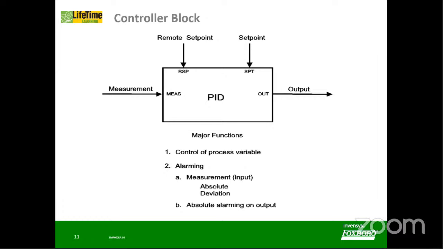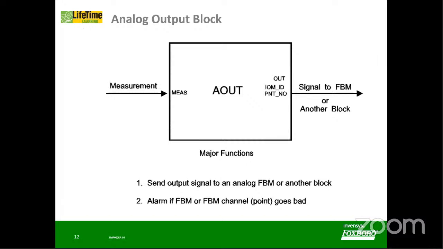Now, whatever output is coming out of the PID is next going to the analog output block. In the analog output block, in a similar way, as we define the fieldbus module name and the channel from where to read the value, in case of the analog output module we define the fieldbus module and the channel number to where the signal has to go.